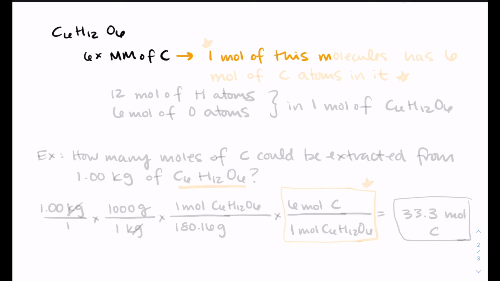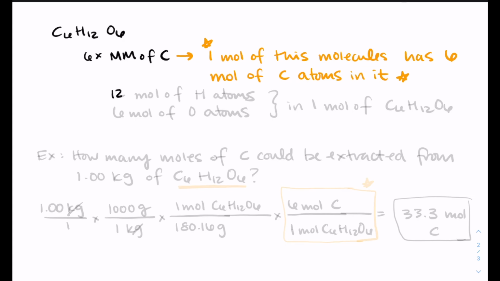When we have 6 carbon atoms per molecule, that also means that 1 mole of C6H12O6 has 6 moles of carbon atoms in it, right? If you have 1 mole of C6H12O6, you have 6.022 times 10 to the 23rd molecules.